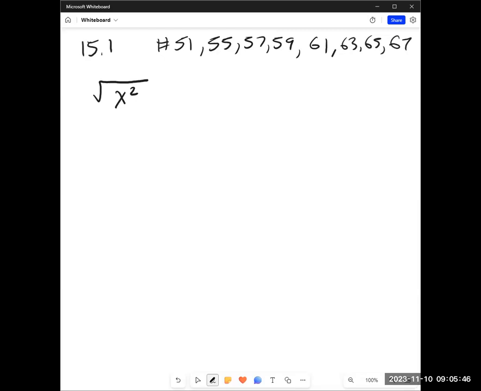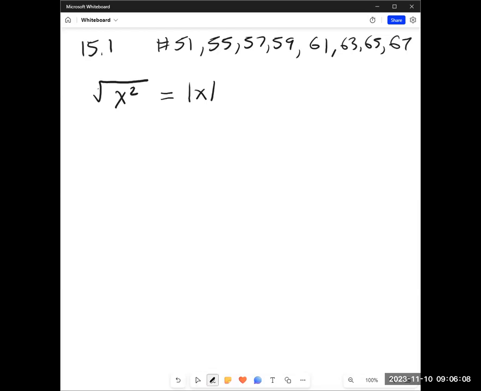So by definition, when I take the square root of something that's squared like this, I get the absolute value of x, but it's a little bit bigger definition than that. Whenever there's an even exponent on the inside of an even root, and it comes outside and has an odd exponent on it, I need absolute value bars around it.